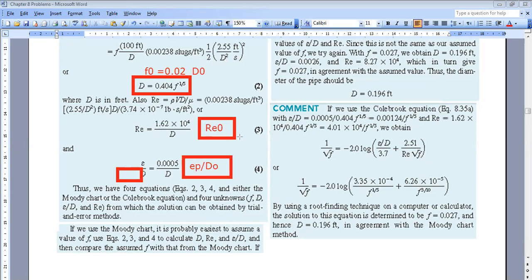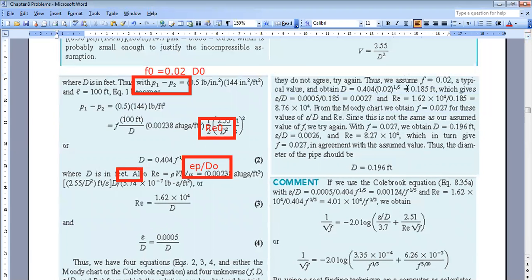I plug in my Moody chart Reynolds and epsilon over D, and I find the corresponding value of F. So here, let us take the numerical values I found. By assuming F equals 0.02, we got that Reynolds is 8.76 times 10⁴, and epsilon over D is 0.0027. So what I will do is take these two values and plug them in the Moody chart.